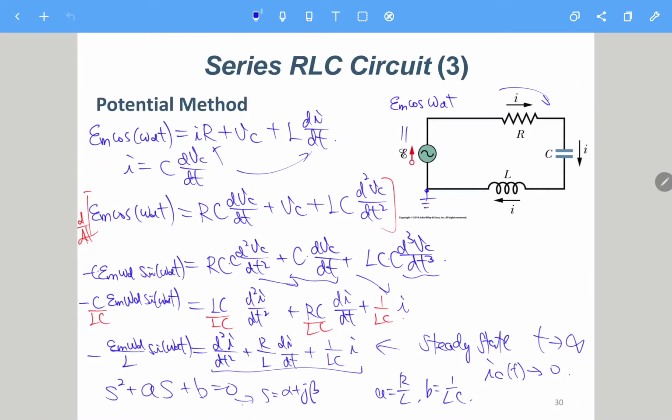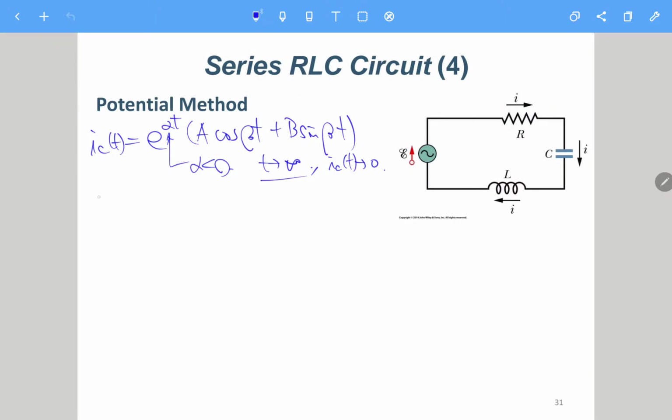And for the particular solution, we consider this term is a sinusoidal. So we just assume the particular solution to be D cosine omega dt plus E sine omega dt.